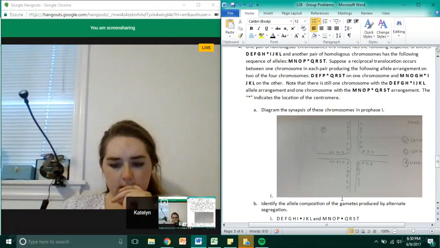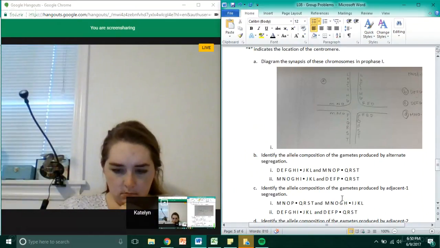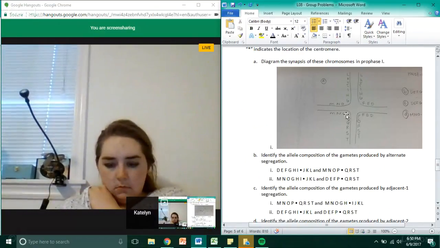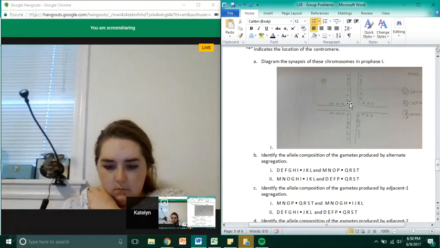And so for B, the composition of the gametes produced by alternate segregation. By alternate, we crossed it across this way. So you get the 2 original chromosomes, which are viable, and then you get these 2 translocated chromosomes as well.